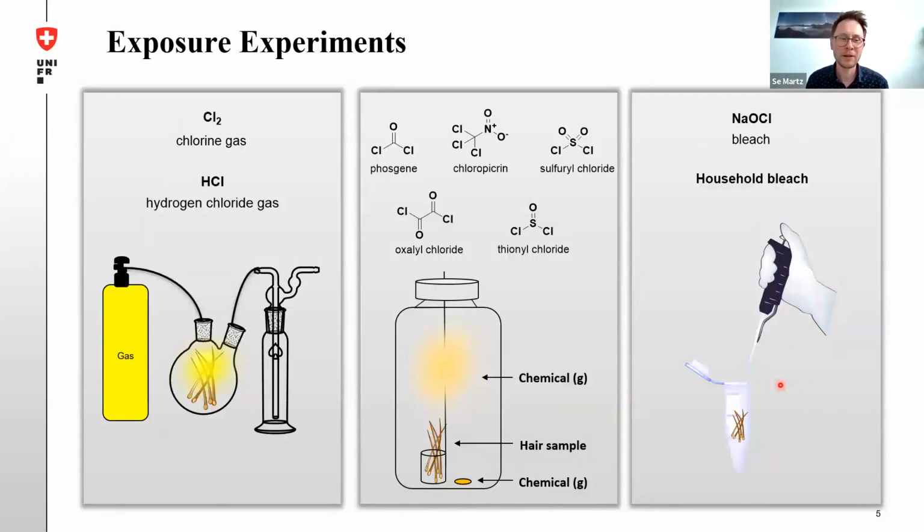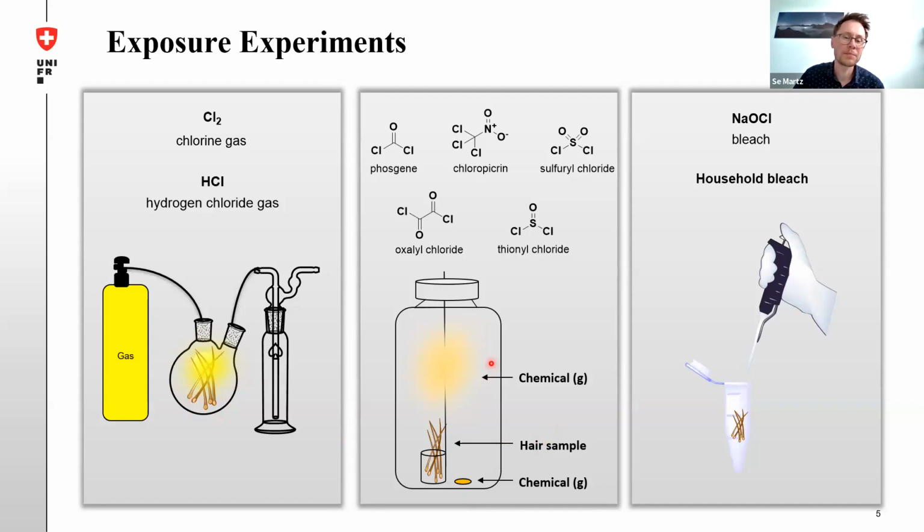It was very difficult because some of these molecules are gases at room temperature, some are liquids, and so we needed to design these experiments in a way that we performed the exposure experiments with gases. So we just let the hair sit in a specific atmosphere for 10 minutes at room temperature.